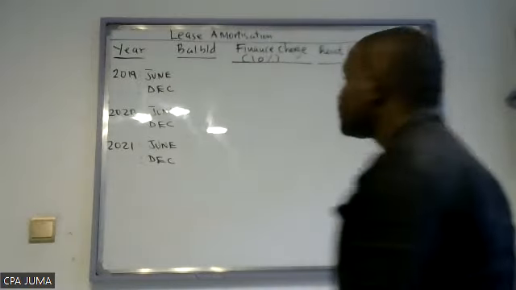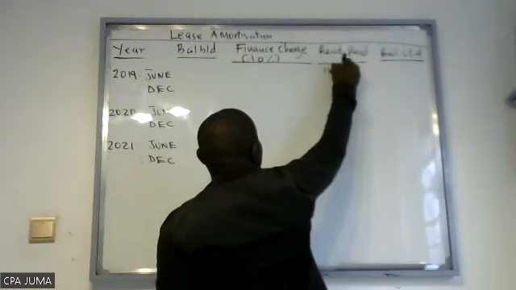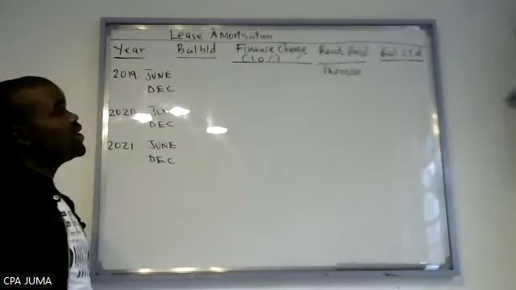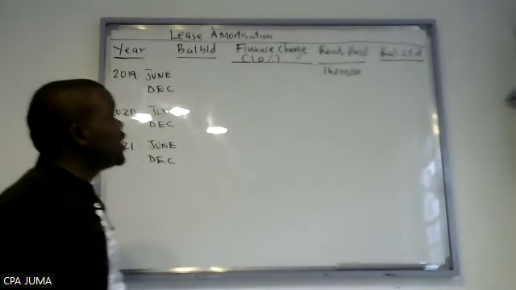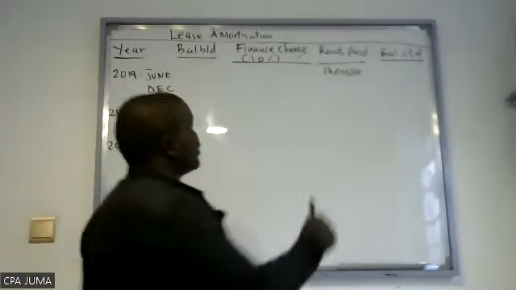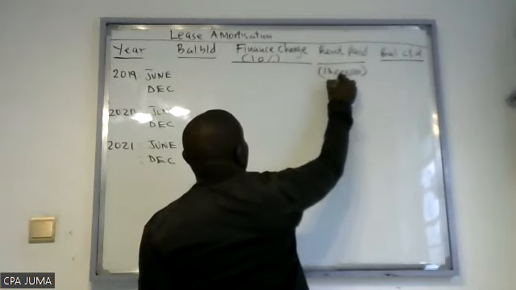All right. So rental paid, they were paying 14 million every 6 months. They were paying 14. So once the rent has been paid, it will reduce the obligation. So you subtract. So it is 14 throughout.